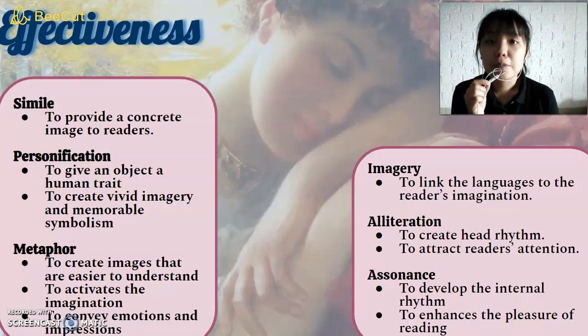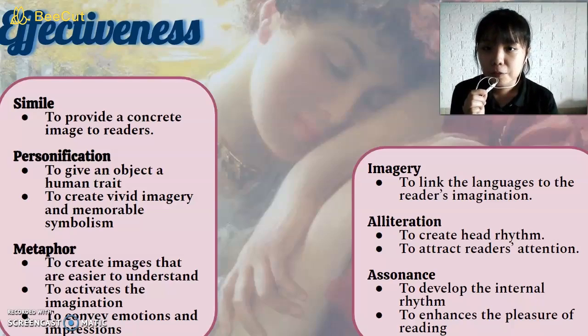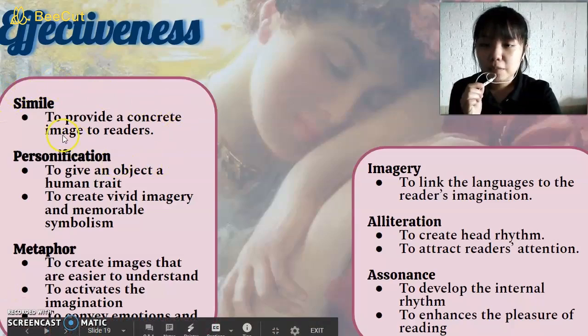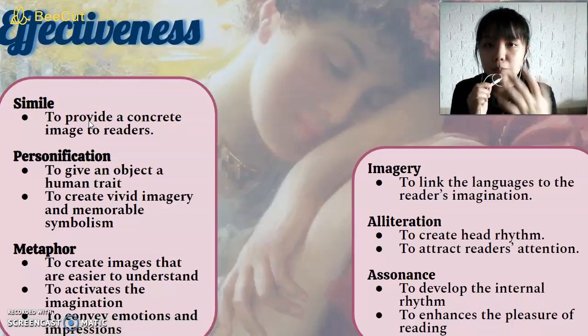Okay, today I will be presenting on the effectiveness of the figurative language in the poem Sleep by Annie Matheson. The first figurative language that I found in this poem is simile. Simile is to provide a concrete image to readers. It is also a comparison between something and something else, so the readers have a sensory image to hold in his or her mind.